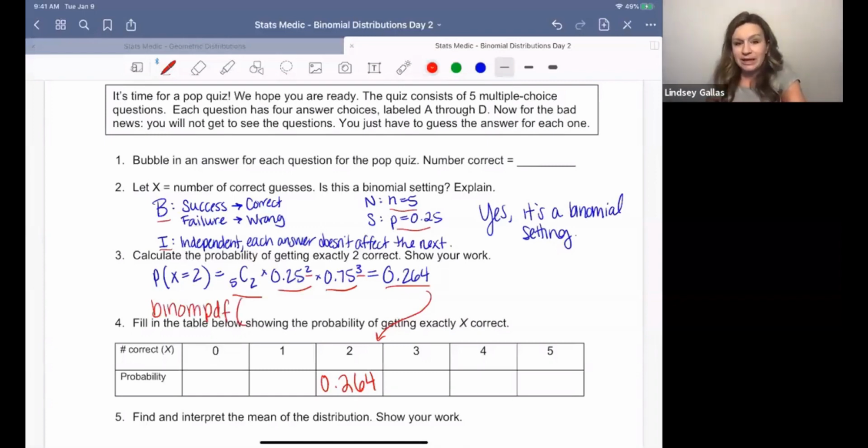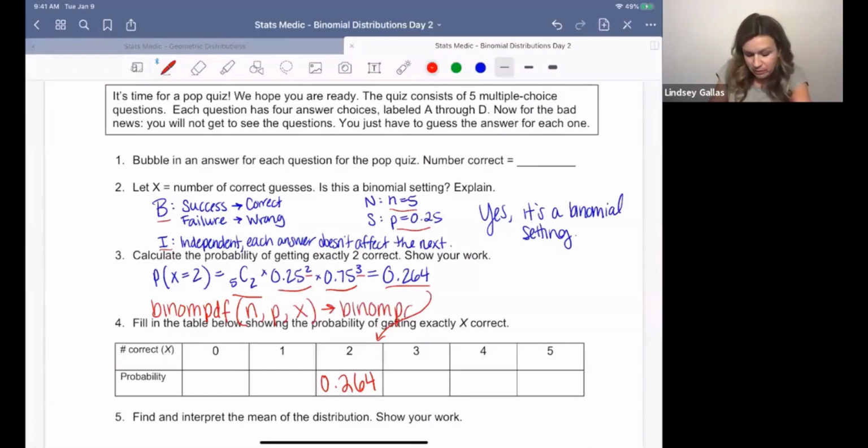And what we enter into our binomPDF is N, comma, P, comma, and then X. So what that means for this one is I'm going to put in binomPDF of 5, comma, 0.25, comma 2, because I'm trying to find the probability of getting exactly 2.